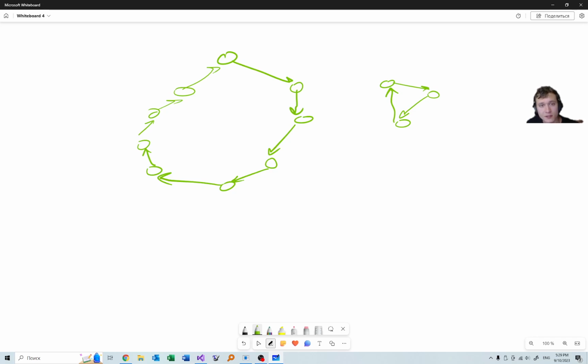What to do? So, first of all, we need to calculate the mean number. So actually, everyone needs to make some mean number, average. This is the goal.